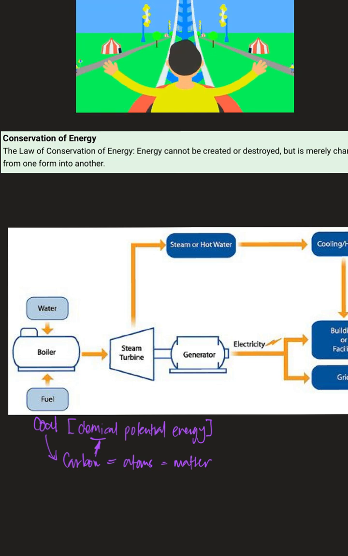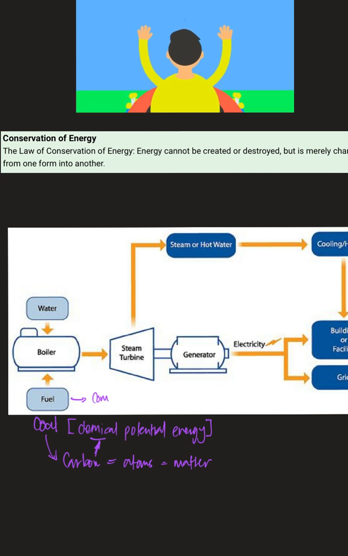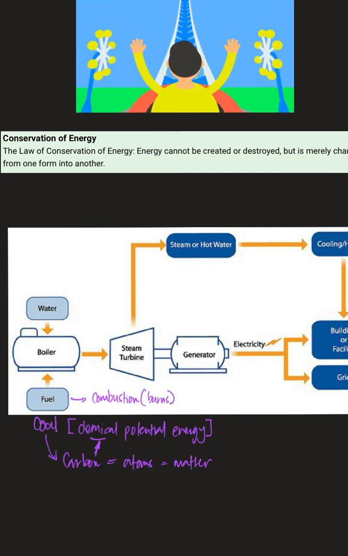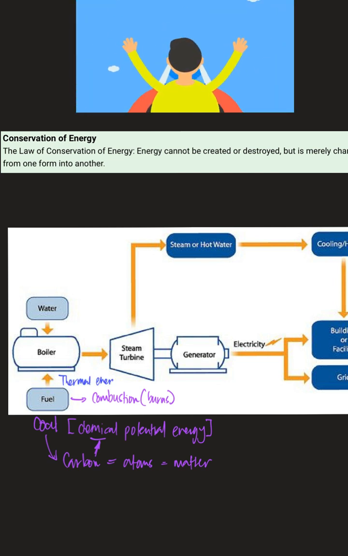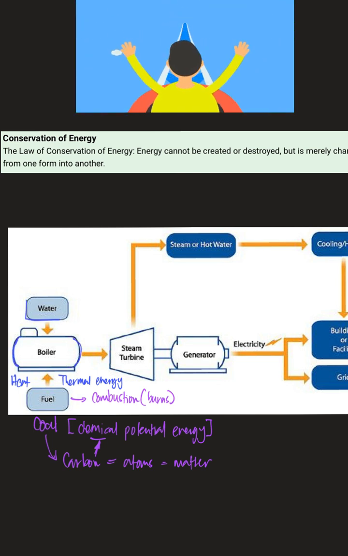So what happens with this carbon is we put it into a situation where it burns. It goes through the process of combustion, and when it burns, this fuel will release what we call thermal energy. Another word for thermal, which we looked at in earlier chapters, is heat. Inside this little tank I've got water.